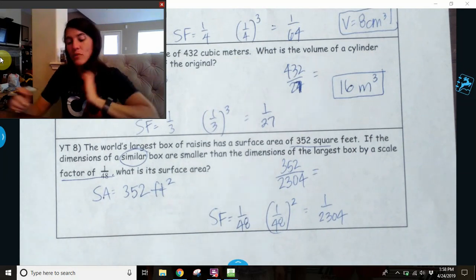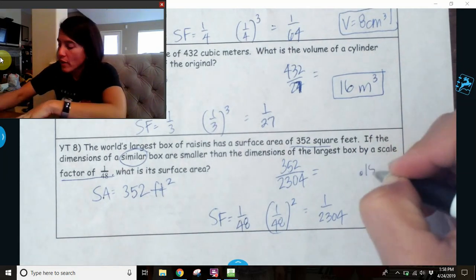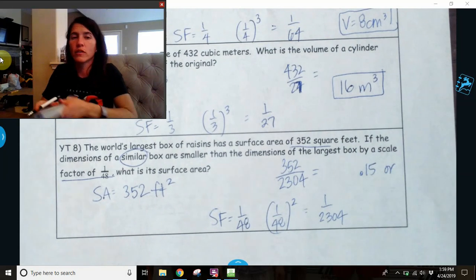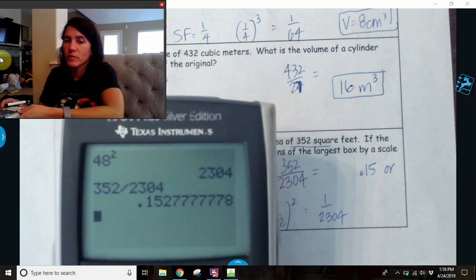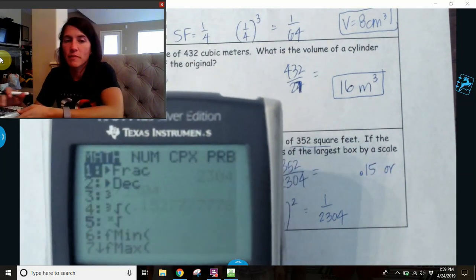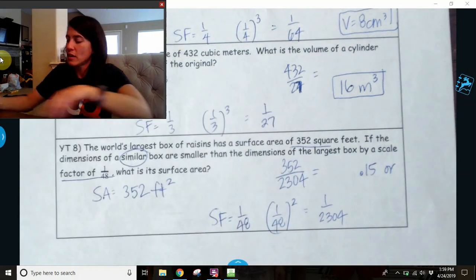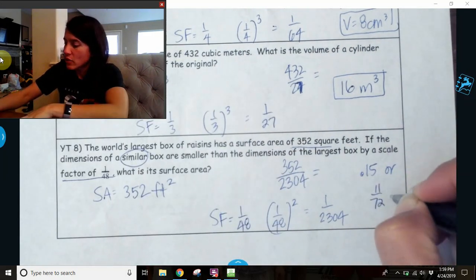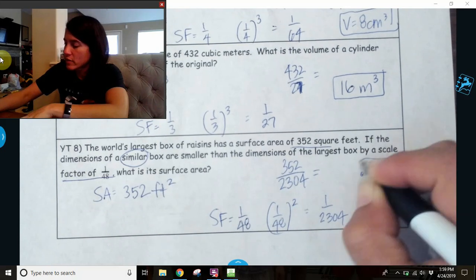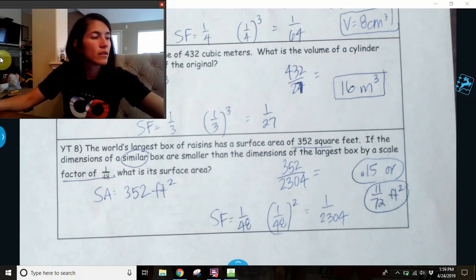And we get a decimal, 0.15, or let me remind you, change it to a fraction. So you press math, arrow, frac, and we get 11 over 72 feet squared. Oh, sorry.